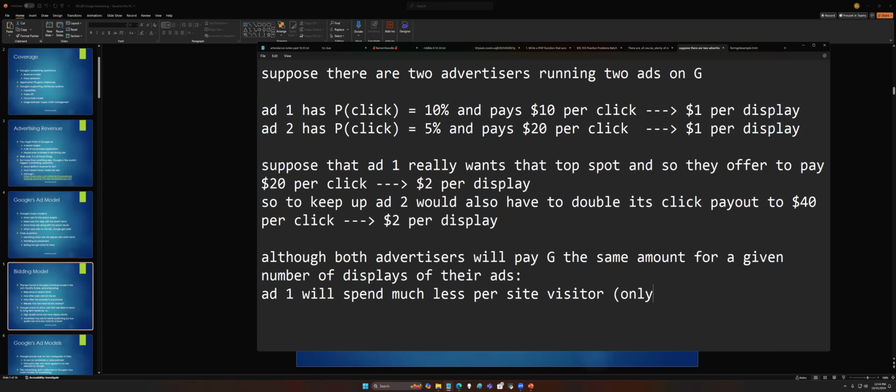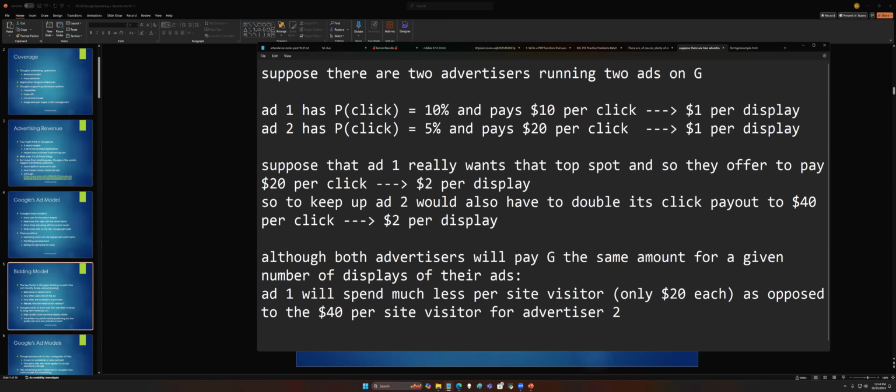Only $20 each as opposed to the $40 per site visitor for advertiser two. So that's the difference: even though both ads are going to be spending the same amount of money, the fact that one ad has a higher quality score, or a higher probability of being clicked, means that the first advertiser is going to pay a lot less per site visitor. So that's the difference. That's why the bids can't go up infinitely.